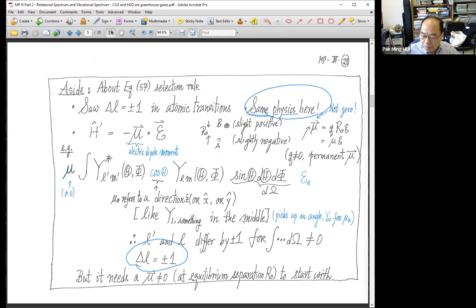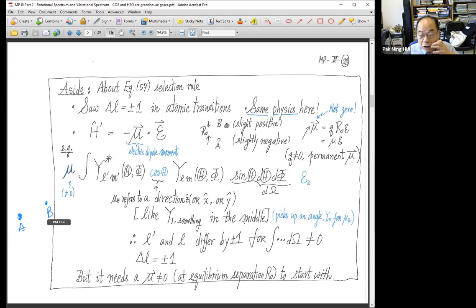In an atom, there's only one nucleus, so we relied on the electrons' dipole moment, okay? But here, we have a molecule. So we have A and B nuclei.